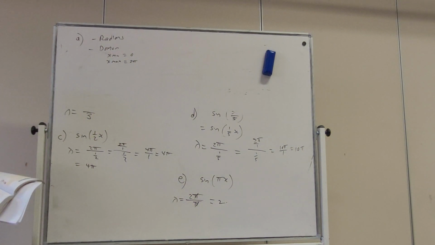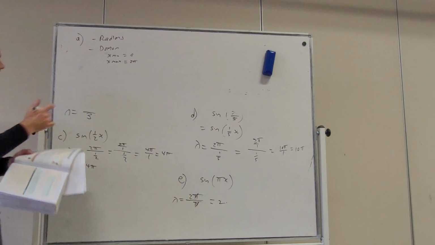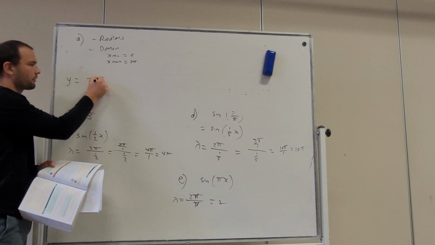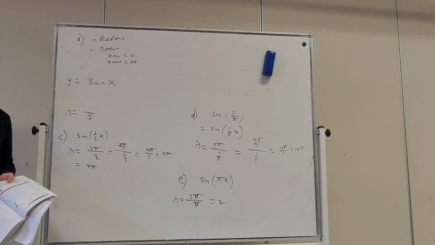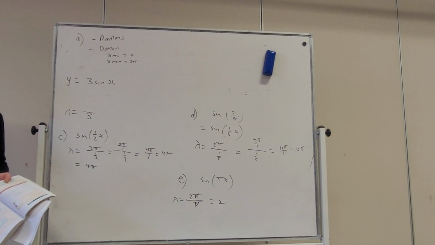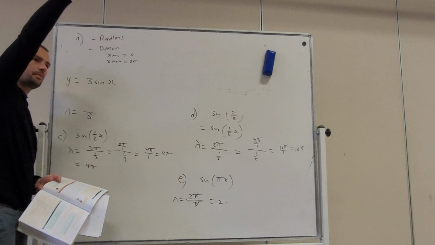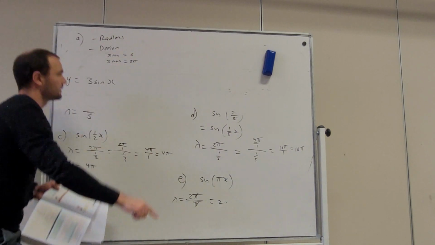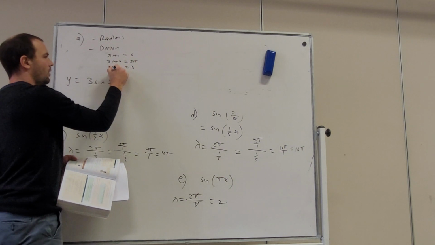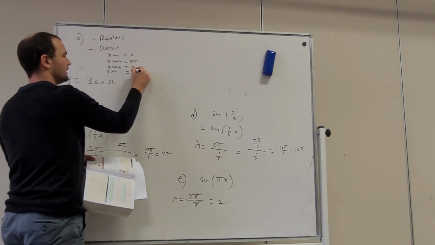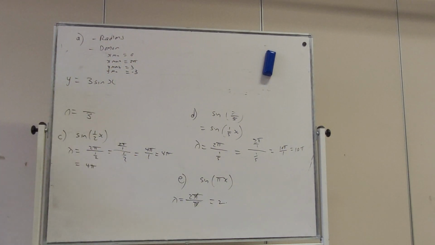And then you might go, what do I restrict my y values as? Well, let's look at the first function. It's y equals 3 sine x. What's the amplitude of this function? 3. That means it's going up 3 and down 3. So we can have our y max as 3 and our y min as negative 3. So that would be the case with A.